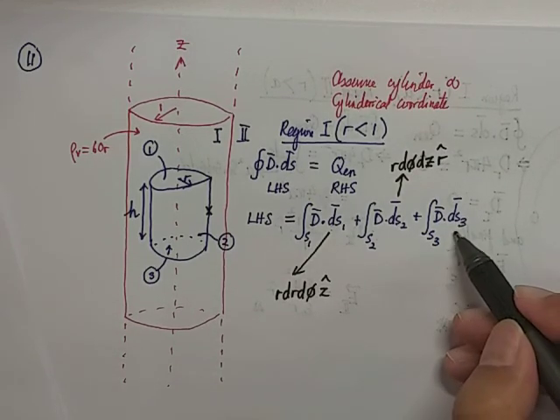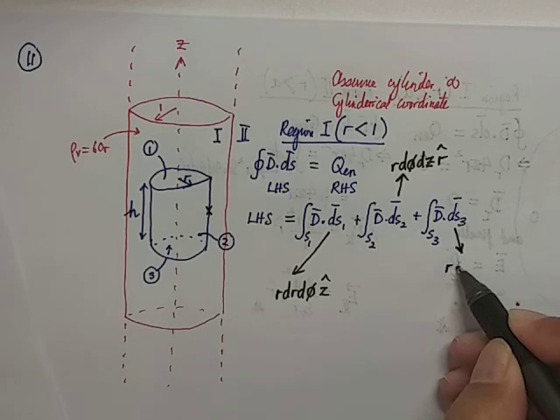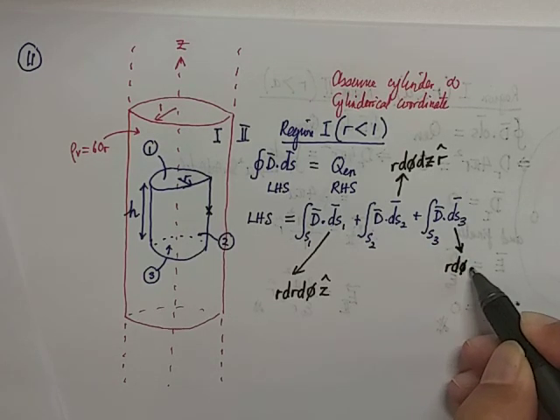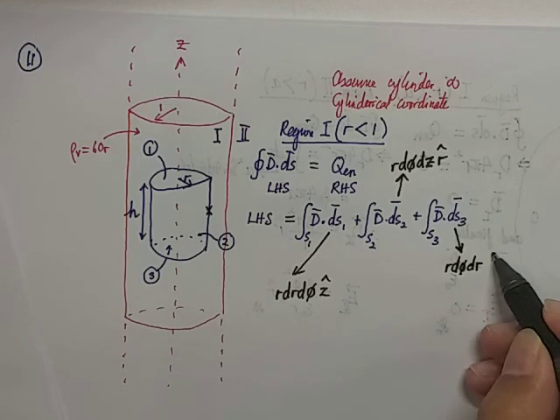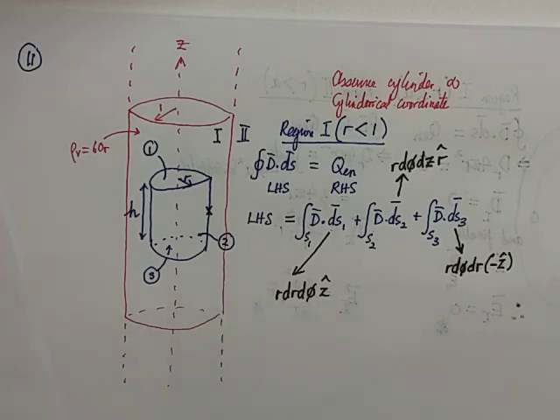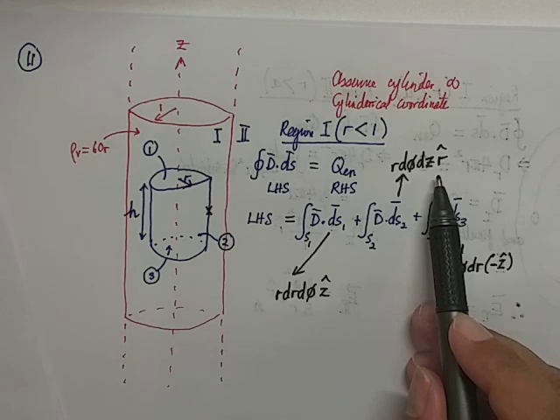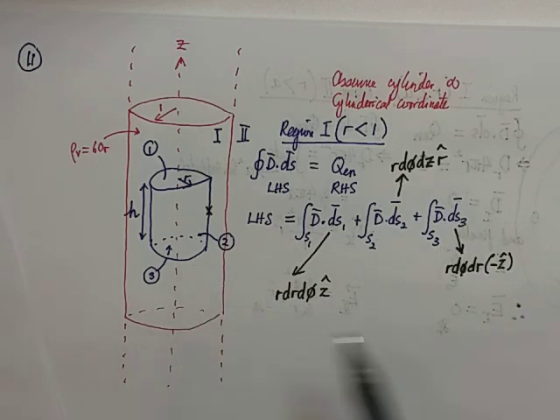And surface number 3 is quite similar to surface number 1, so the magnitude should be the same: r d phi dr. In which direction? Minus z direction, because the direction is showing upward of the Gaussian profile. So showing upward is positive z, outward is positive r, and outward meaning down in this direction should be negative z.